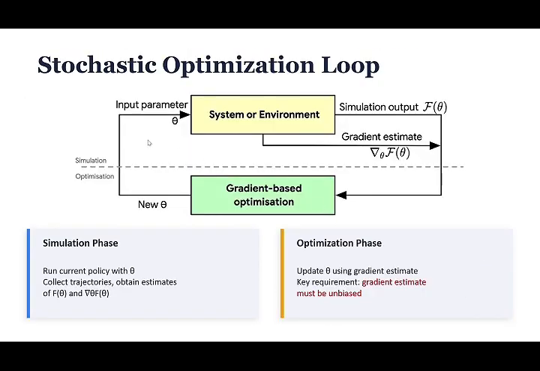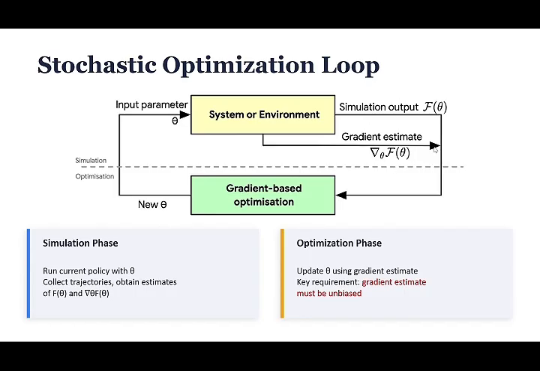And we talk about the stochastic optimization loop. If we input a parameter to the system or environment, we get a simulation output f(theta), and we can add a gradient estimate, which is del_theta f(theta).